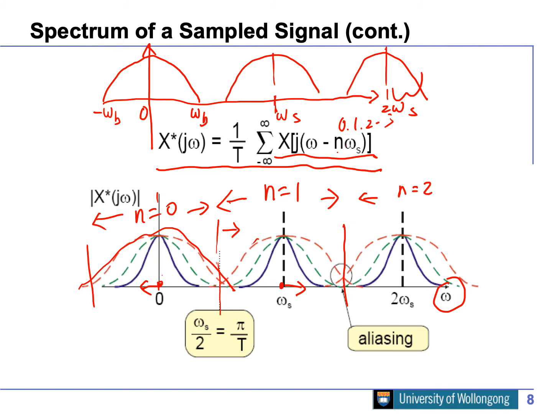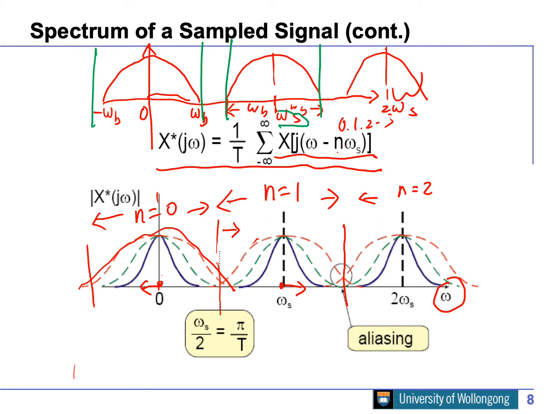So if our omega s here is twice larger than omega b, where this width is omega b, then this part of the signal will be separate from this part.